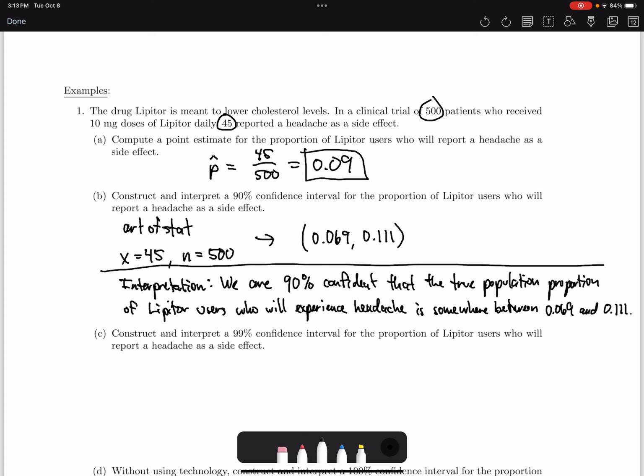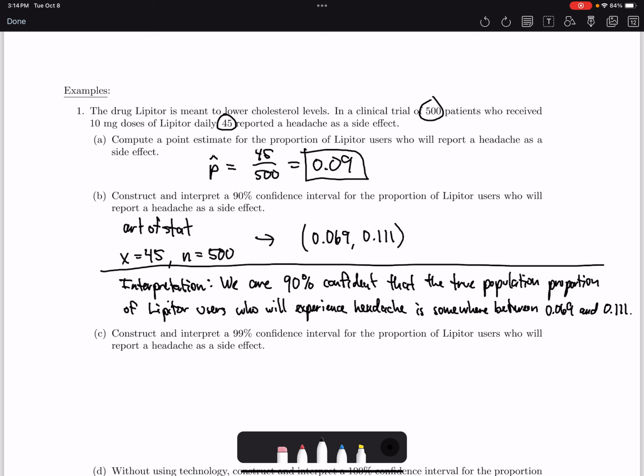You could state that differently. You could say we're 90% confident that between 6.9% and 11.1% of Lipitor users will experience headache as a side effect. That would be another way to state the same thing.